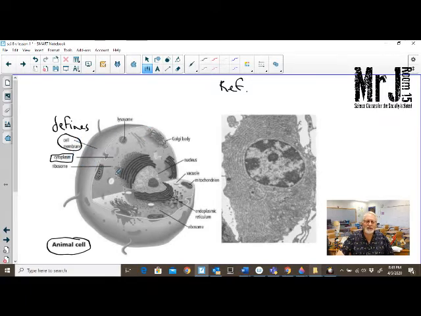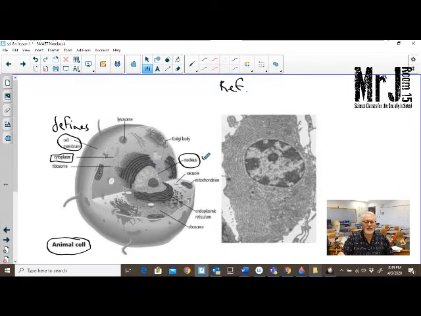The biggest organelle that you're going to find within the cell is going to be the nucleus. The nucleus is generally close to the center of the cell. It is the control center of the cell.